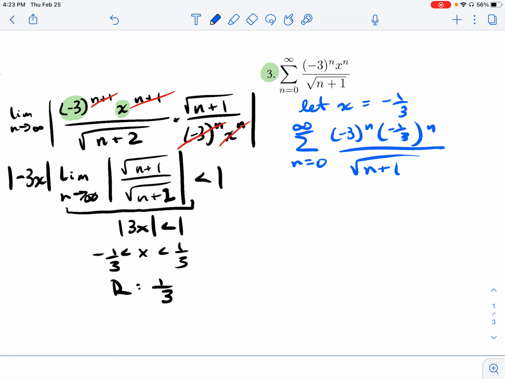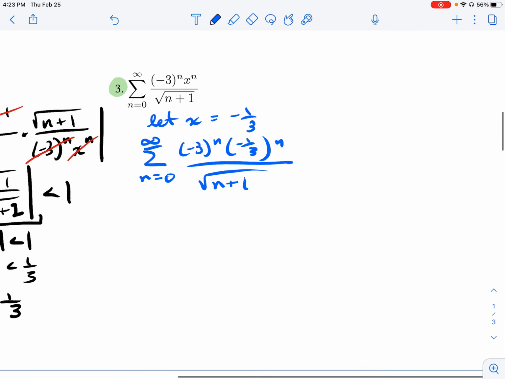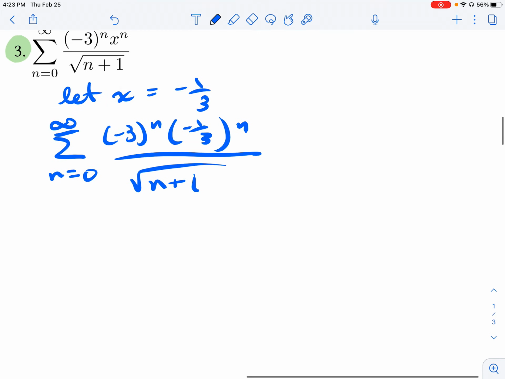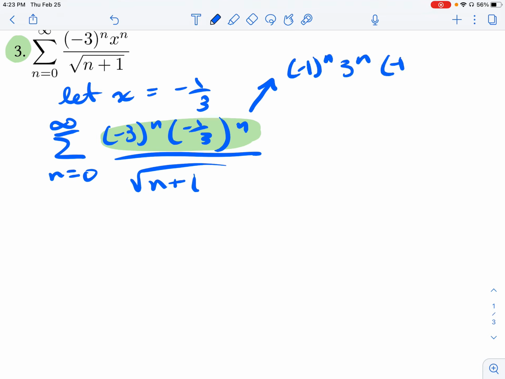Okay? Now, let's take a look at this because I'm going to probably want to clean this up a little bit. Let's ask ourselves, all right, how can I rewrite this? And let me just highlight this numerator, and just think about how I would rewrite this. What do we have? That would be the same as (-1)^n times 3^n times (-1)^n times (1/3)^n.